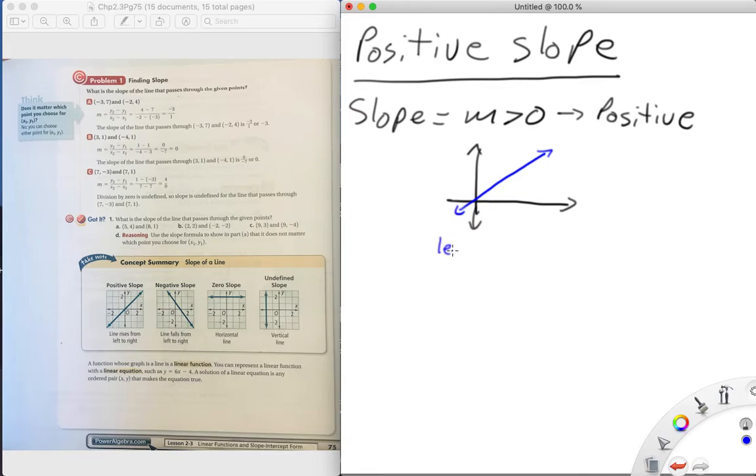This is always going to be from left to right. Your slope will always be greater than 0, so 2, 3, 4, 5, 6.